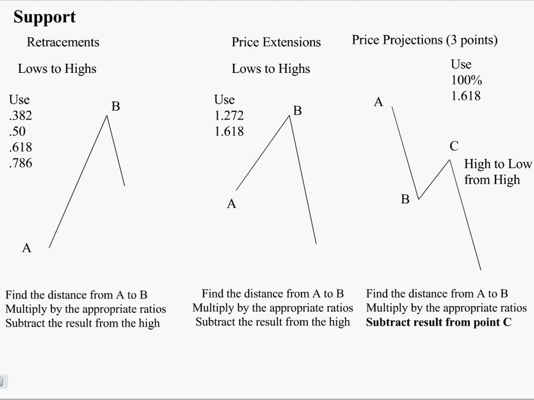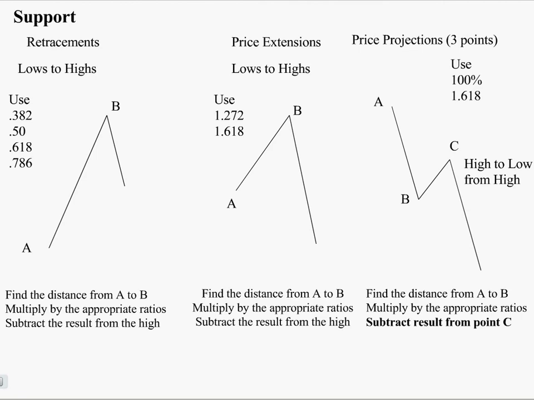Okay, this is a little cheat sheet that you can use once you get a copy of this PowerPoint here, and it's just telling you how to look for a price cluster, for example. If you're looking for support, you run all the low to high swings and use the ratios listed, 382, 50%, 618, 786.